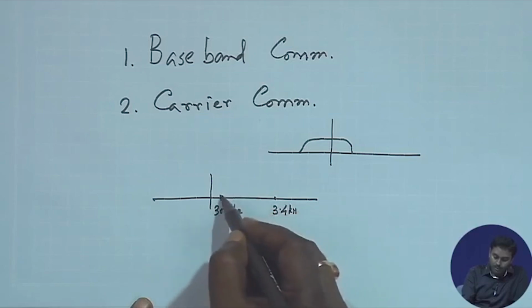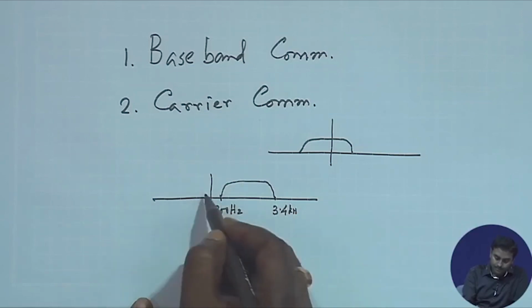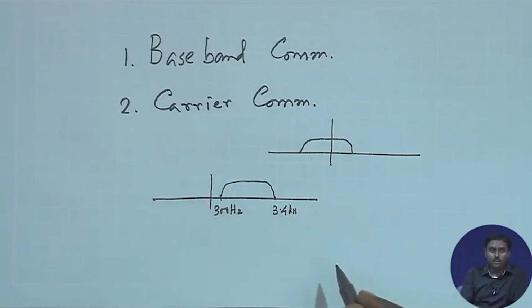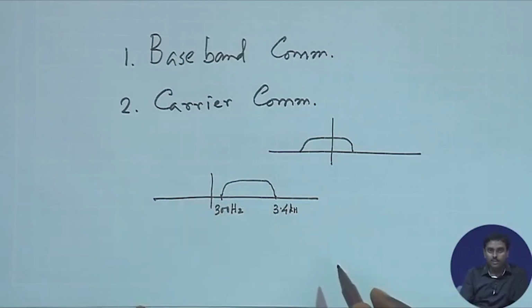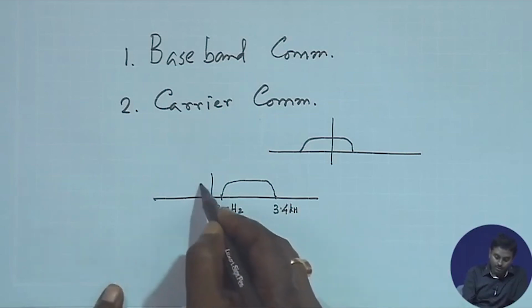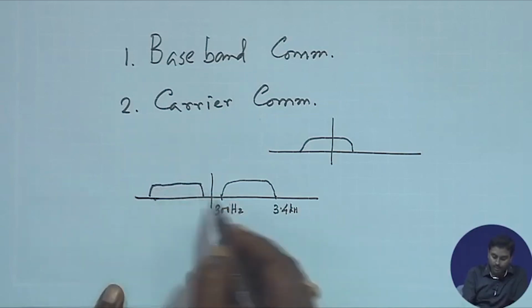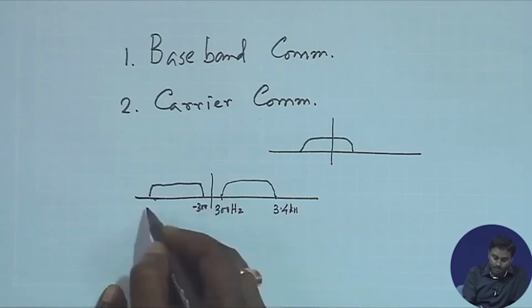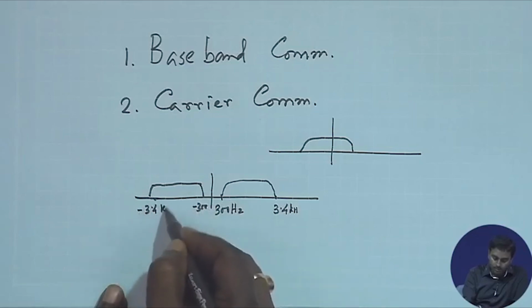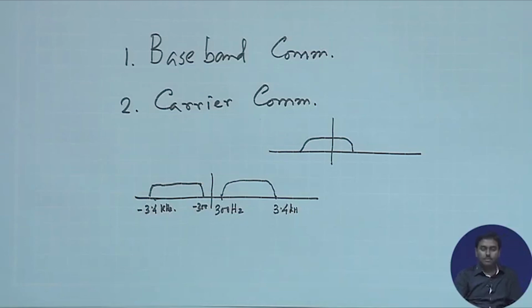And of course because it is a spectrum represented by the Fourier transform, it should have an equivalent negative part, minus 300 to minus 3.4 kilohertz.